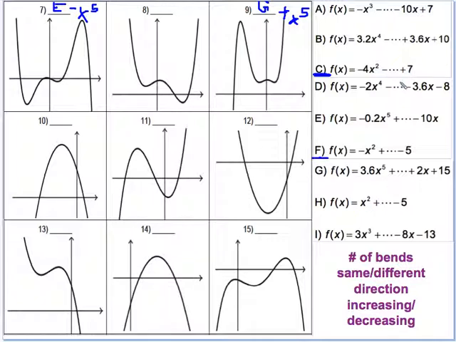Then, and this is something we haven't covered yet in this unit, look at your constant term. So for C and F, this constant term at the very end is going to shift your graph down or up. Remember at the beginning of the school year when we were talking about transforming graphs, we said whatever number was at the very end tells you whether your graph is moving up or down.